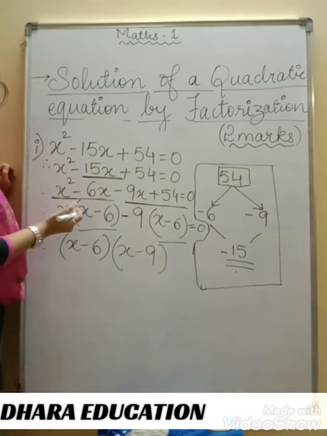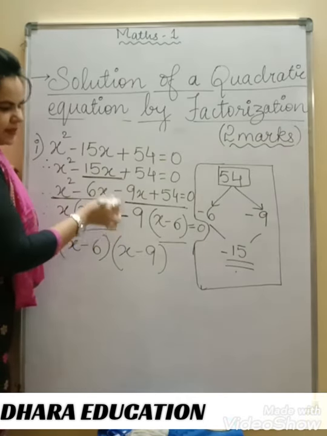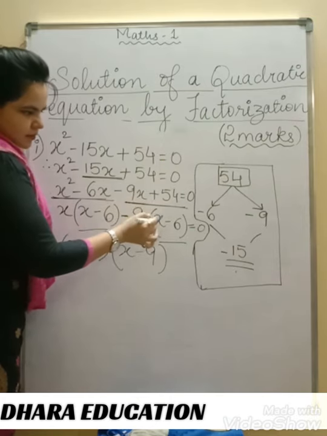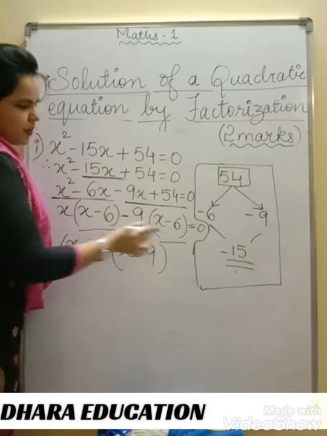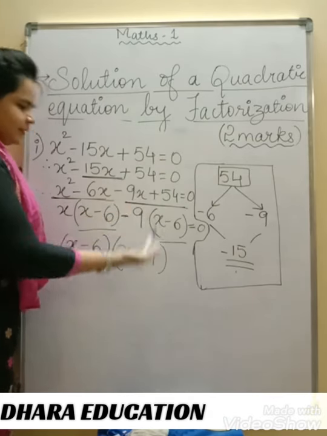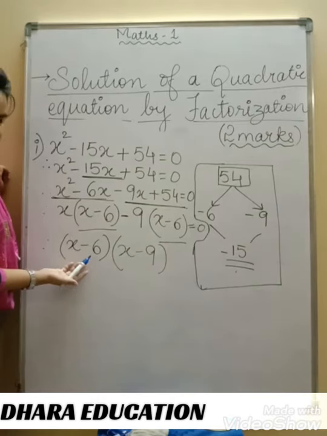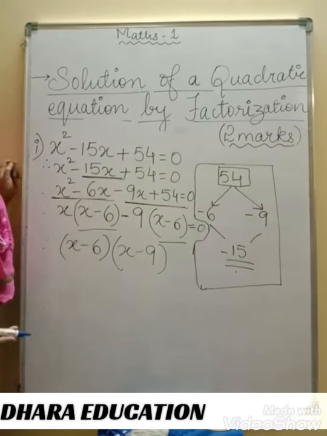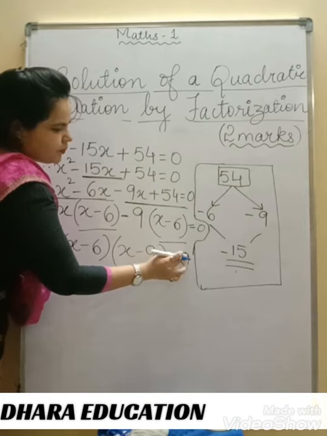So we have taken x ahead and then opened the bracket, x minus 6, minus with the same sign 9 as it is, and x is here and minus 6. This should be common. After that step, this should be written here as common, and the left part, that is x minus 9, we will write in the other bracket, equals to 0.